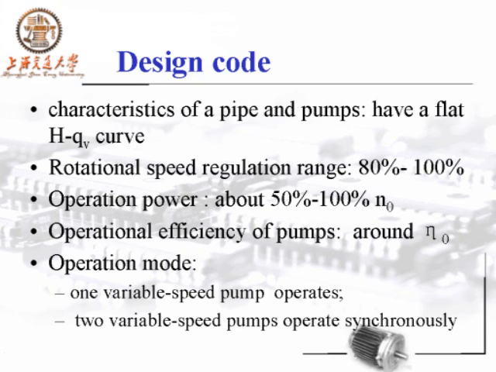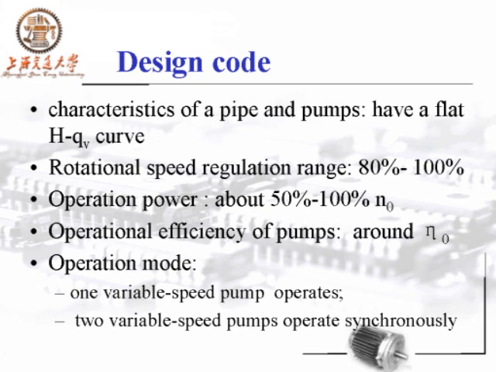One, the characteristic of the pump and the pipes should have a flat HQ curve. We need such a characteristic because this will result in a small head change when the liquid flow is in variation.